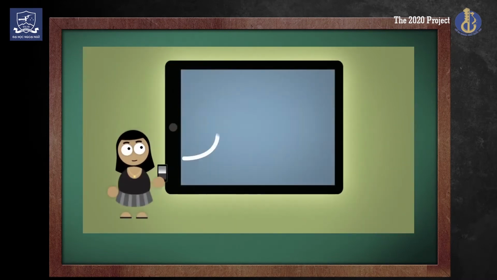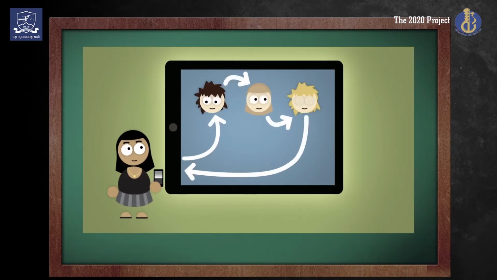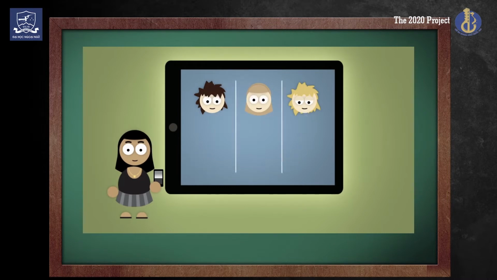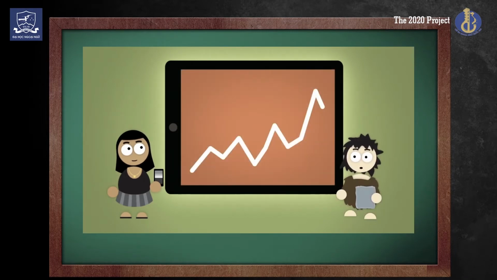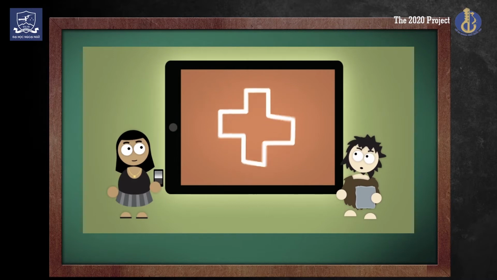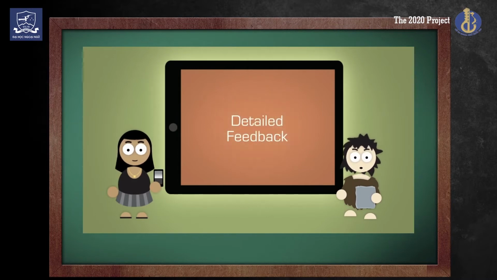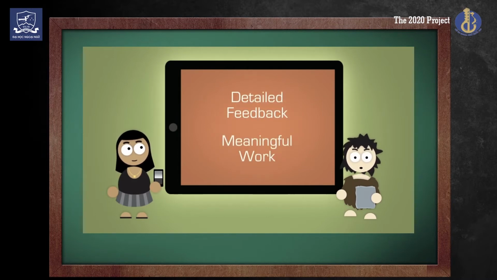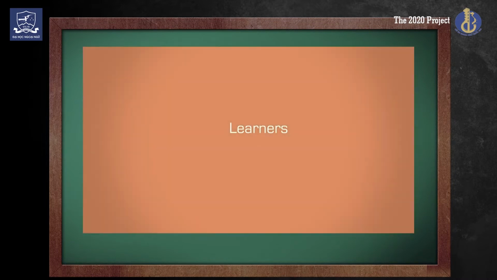Which means students need personalized, engaging, useful feedback on meaningful work, not multiple choice exams and unexplained letter grades. So whether you're teaching accountants, engineers, artists, welders, scientists, or nurses, your students need detailed feedback on meaningful work so they can become learners, not simply graduates.